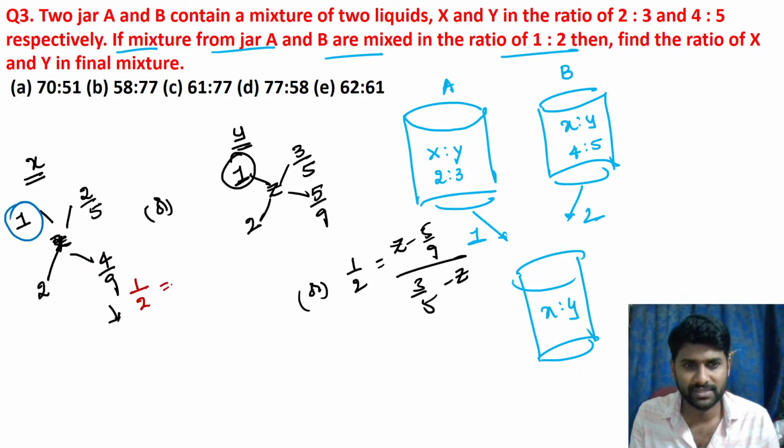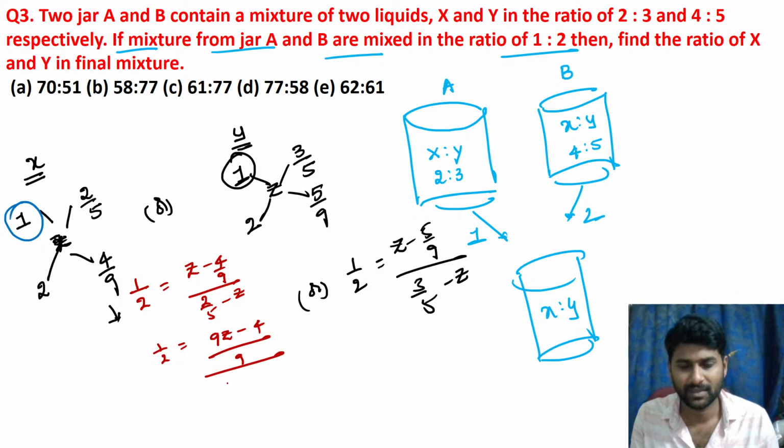Here 1 by 2 is equal to z minus 4 by 9 divided by 2 by 5 minus z. Final equation: 1 by 2 is exactly equal to 9z minus 4 divided by 9, 2 minus 5z divided by 5.